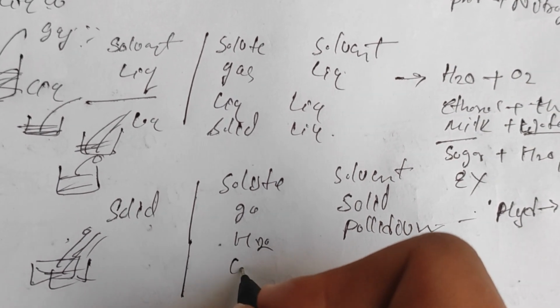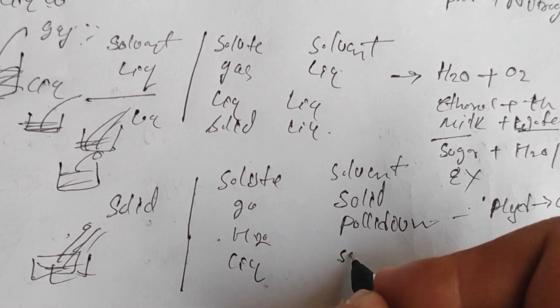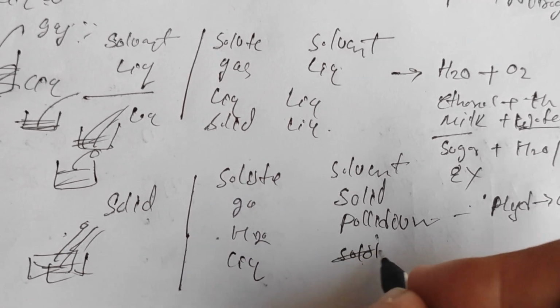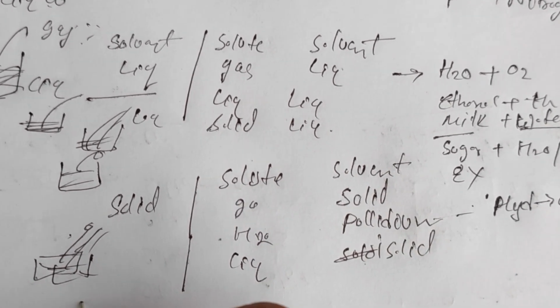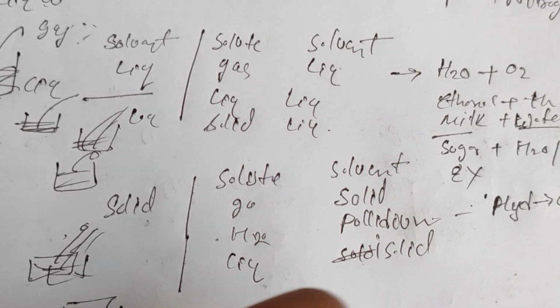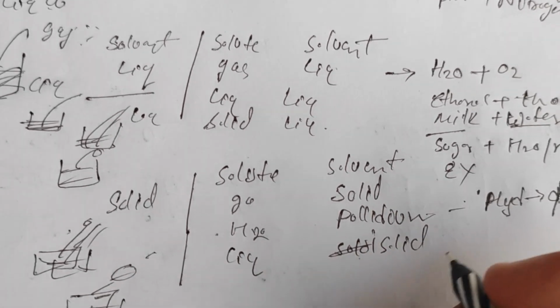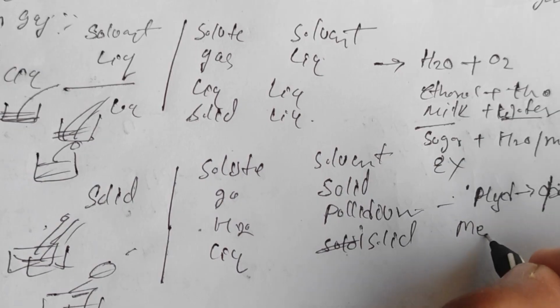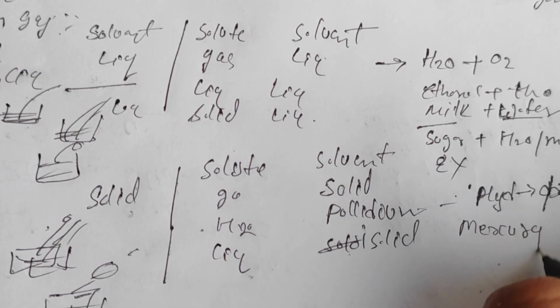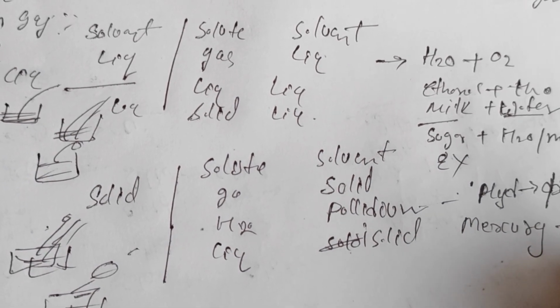Again, liquid is our solute and the solvent is solid. In this case we use mercury amalgam plus sodium.